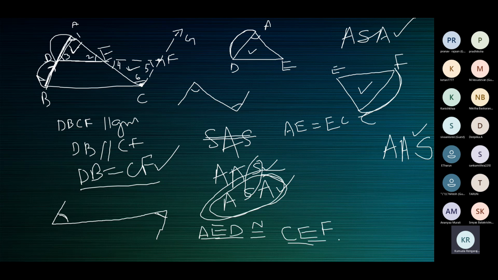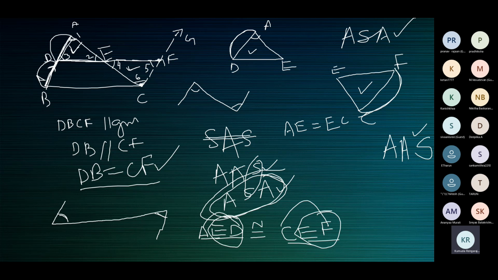ED is equal to EF. Where is ED? ED is equal to EF. Okay, so this is new. ED is equal to EF is new to us. And then AD is equal to CF.